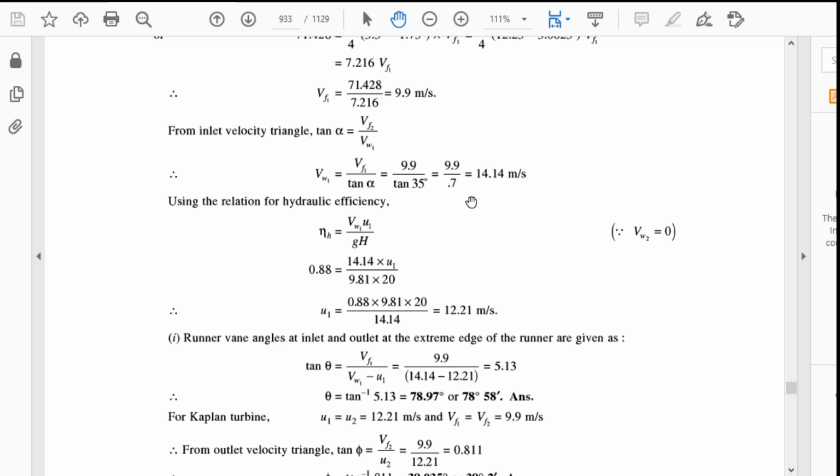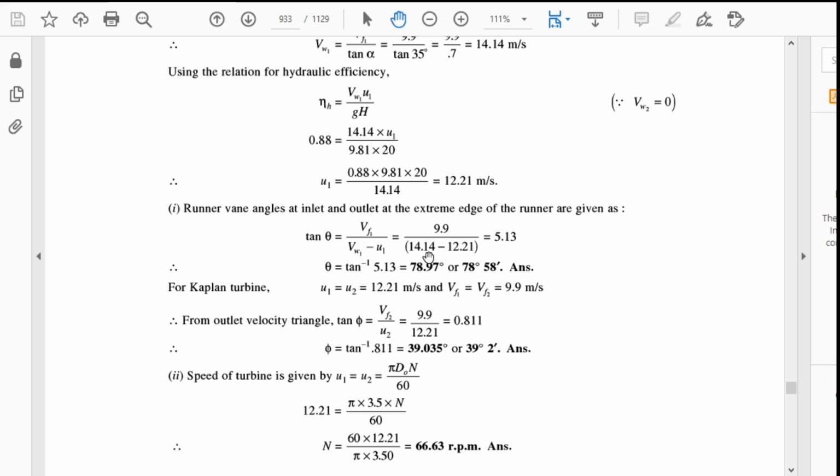Now we are already aware of the relation of hydraulic efficiency, eta h, which is Vw1 u1 divided by g H. Using that equation we can find the u1 value. So u1 will be 12.21 meters per second, because only this term remains here since Vw2 is 0.